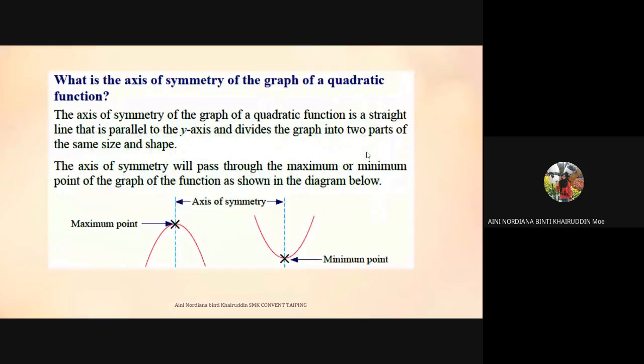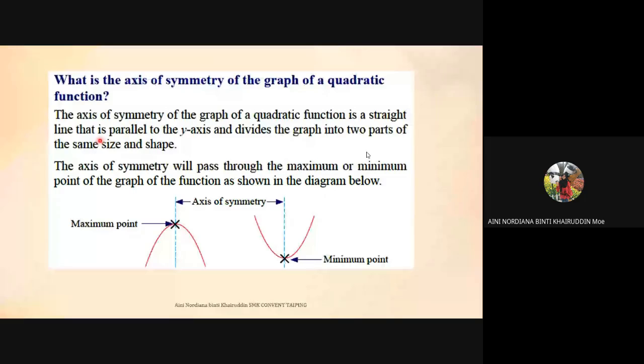Okay, what is the axis of symmetry of the graph of a quadratic function? Axis of symmetry is a straight line that is parallel to the y-axis and divides the graph into two parts of the same size and shape. Also, the axis of symmetry will pass through the maximum or minimum point.